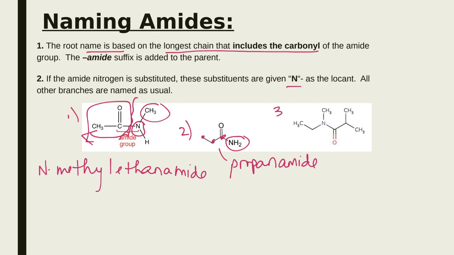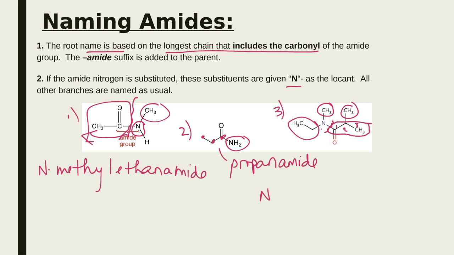Let's look at this third one. This is a little bit more complex. So again, you know, break your amide bond right there. Here is my parent, okay, a 3-carbon. And on carbon 2, I have a methyl right there. On my nitrogen, I have a methyl and I have an ethyl. So we still use the rules of alphabetical order. So I'm going to write it down here.